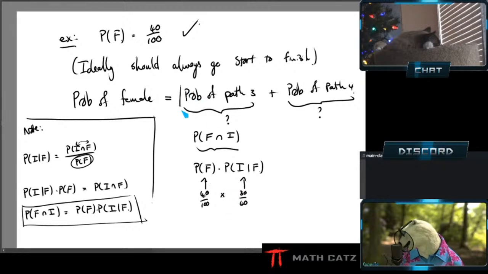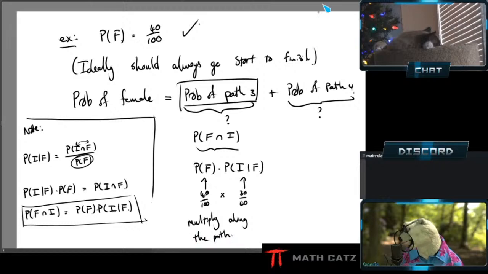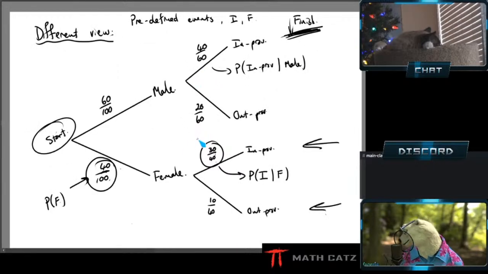So to find the probability of a path, I multiply along the path if I've set up the tree correctly in this way. If the probabilities later on in the tree are conditional probabilities, then to find the probability of a full path from start to finish, I multiply these probabilities. I multiply along the path.